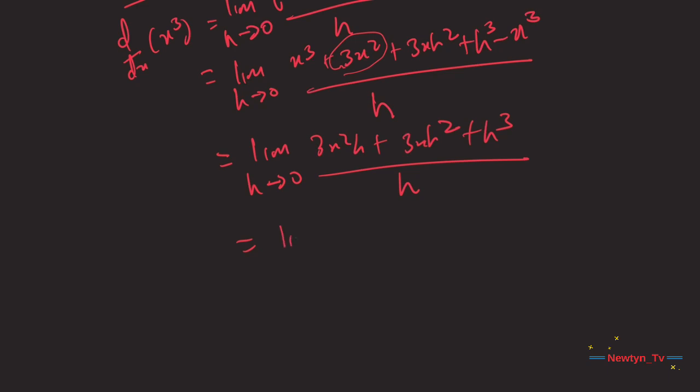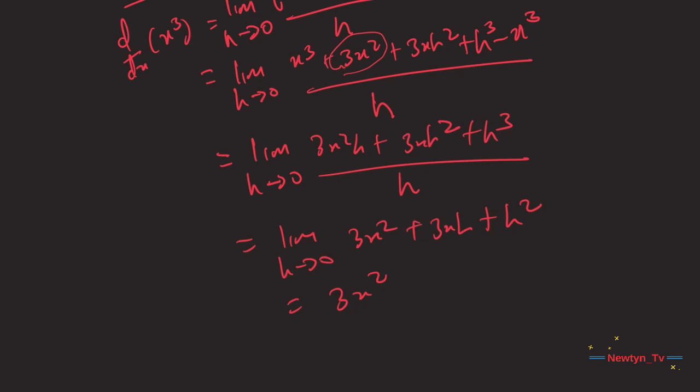Then we have the limit as h approaches 0 of 3x^2 + 3xh + h^2. Then finally we have 3x^2. So here what we did is that we let h go to 0. That is the final answer.